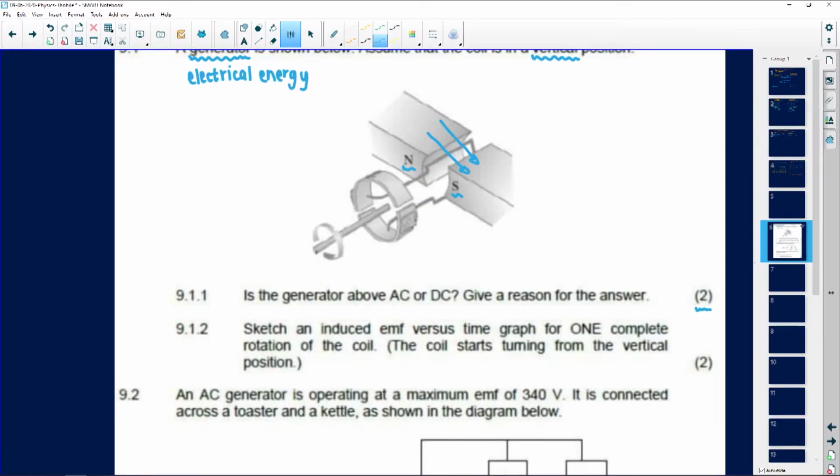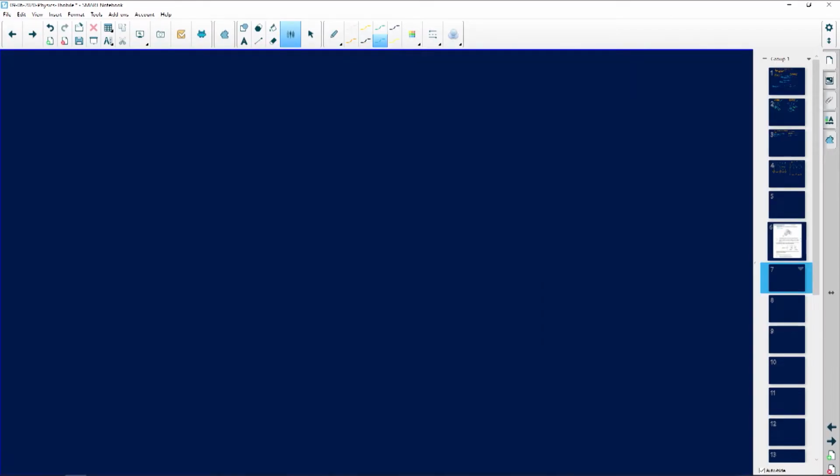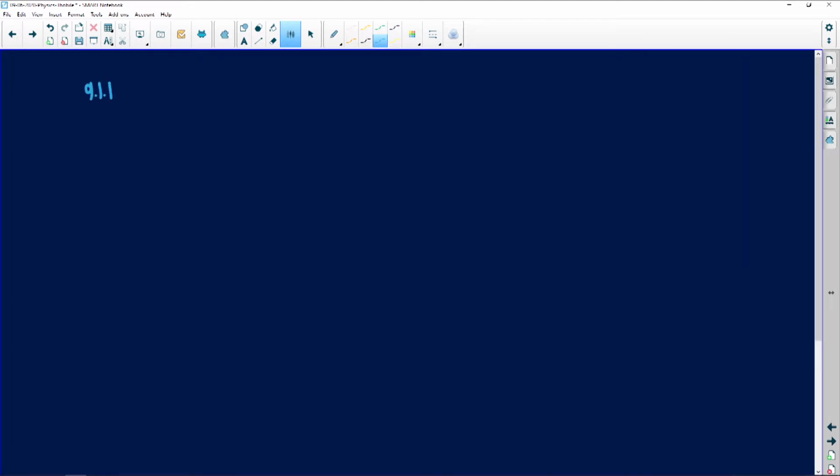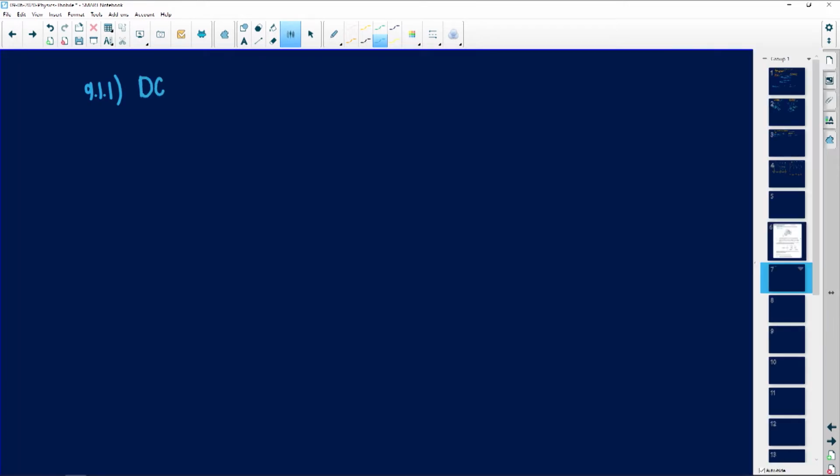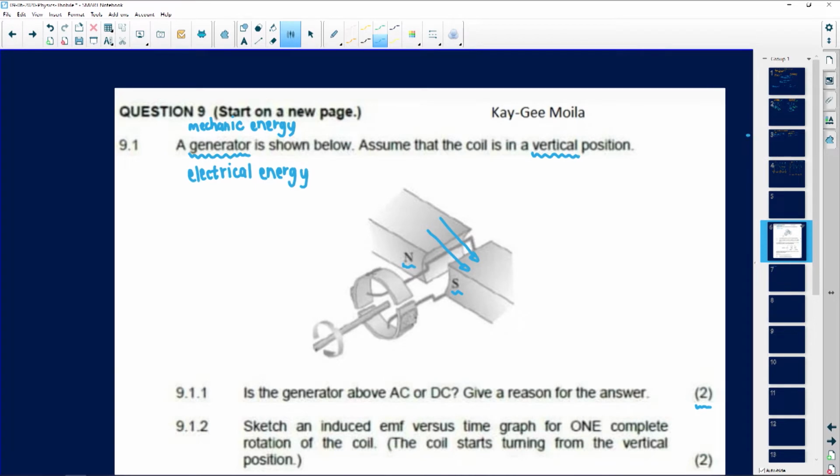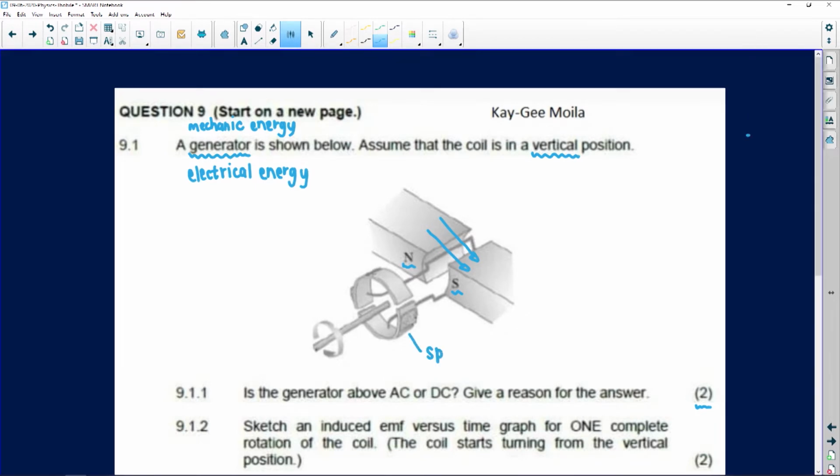So this is 9.1.1. Is this AC or is this DC? My answer: it is a DC. And how do I know that? Because look here, it has a split ring. This is a split ring. This is a split ring. And remember what we said?